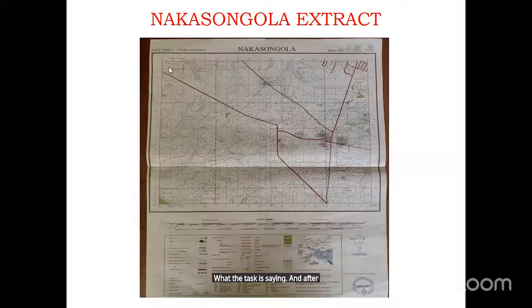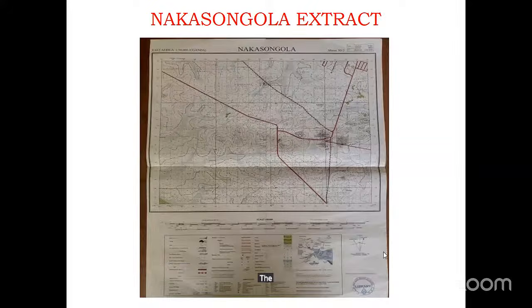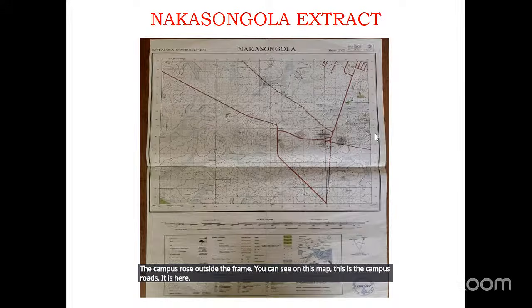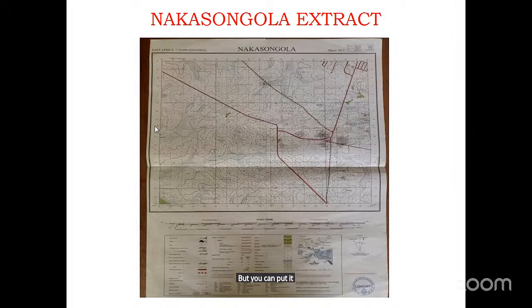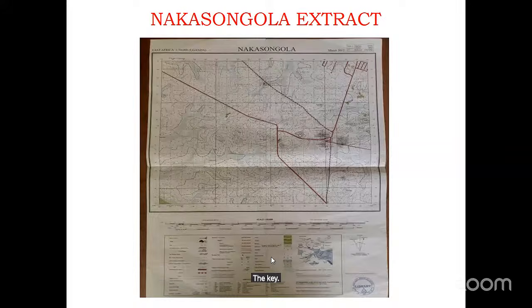And after putting the title, the frame, I said put the compass rose outside the frame. You can see on this map, this is the compass rose. It is here. But you can put it on the right or the left of your sketch map outside the frame. And you have the what? The key. Those are the scales of drawing.